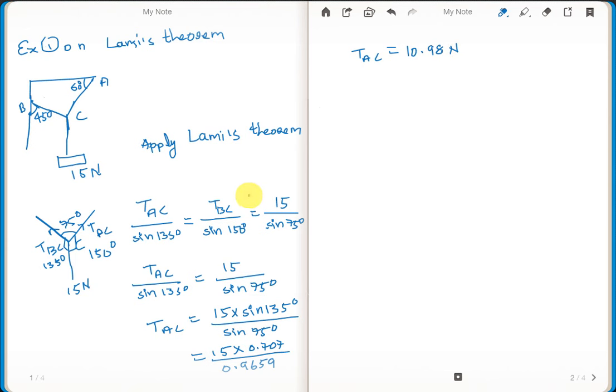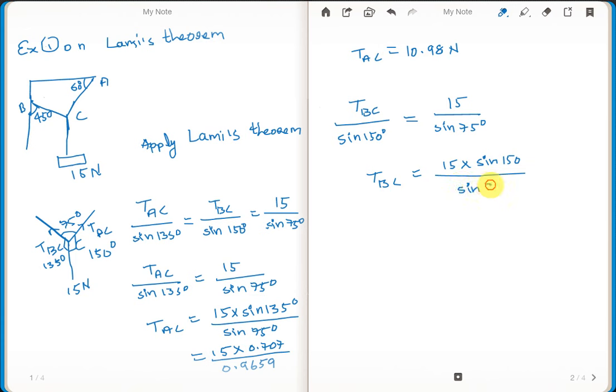Next we go for finding the tension in string BC. Take these two ratios here. TBC by sine of 150 degrees is equal to 50 by sine of 75 degrees. So the tension in string BC is equal to 50 into sine of 150 divided by sine of 75.